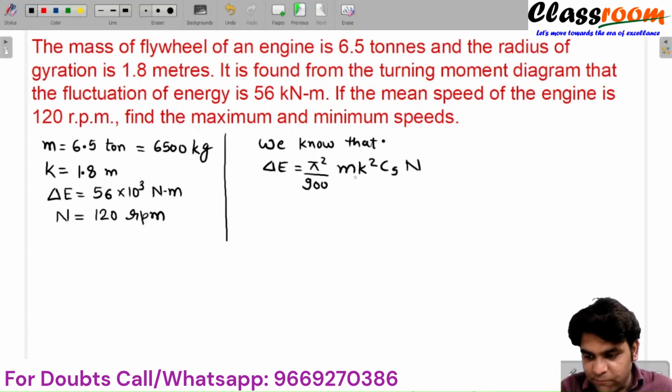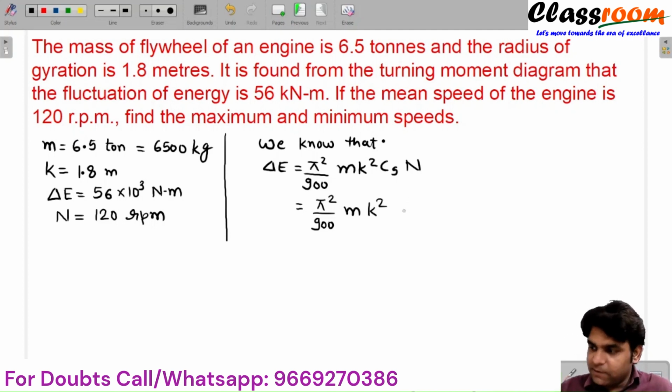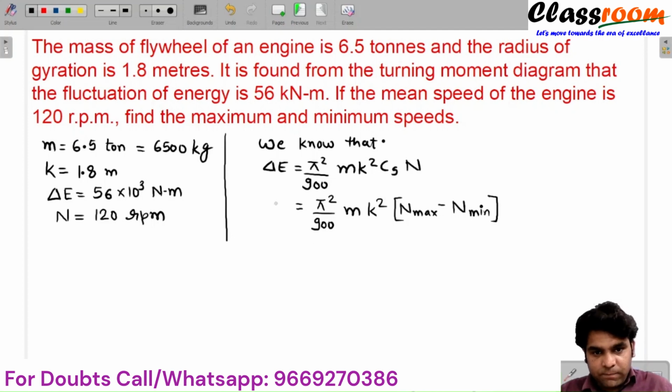Using this relation we can find Cs, the coefficient of fluctuation of speed, which you can write as Cs = 2 (Nmax minus Nmin) by N. So N cancels out and you get this delta E.